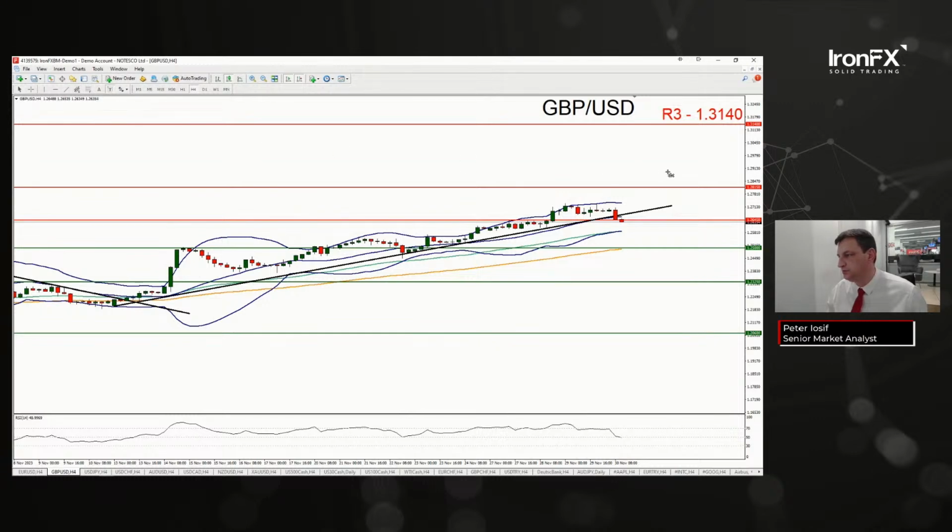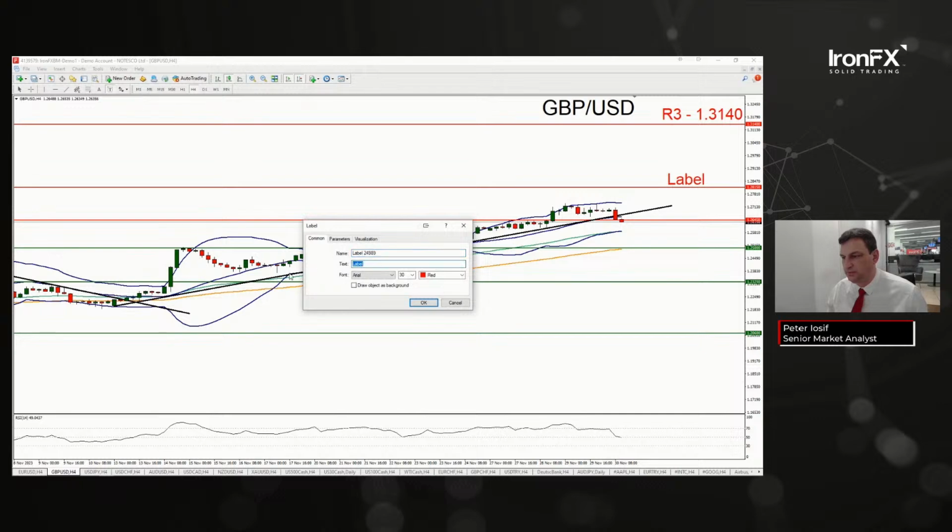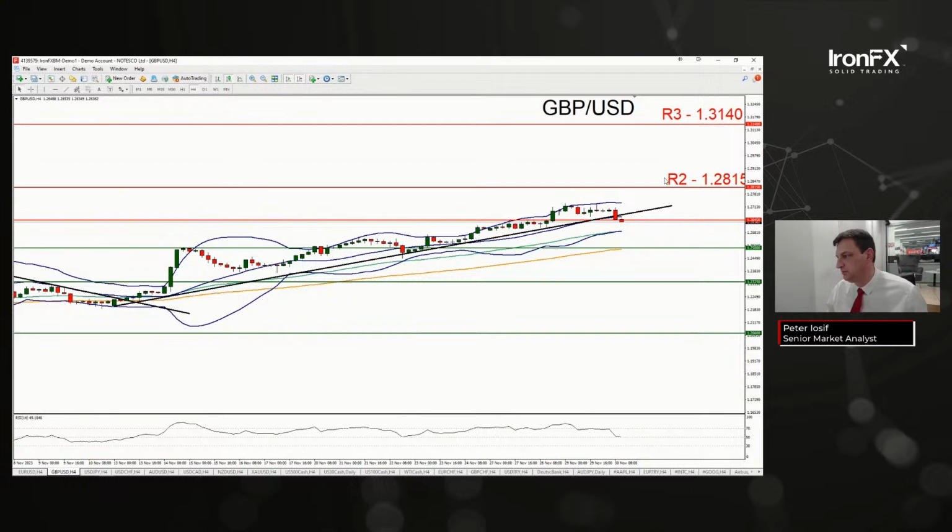R2 being placed at 1.2815. R1, which actually was breached and was turned into support, now we're turning it back to resistance, given that the price action was not able to withhold practically the downward motion of the pair. And that's now being placed at 1.2645.